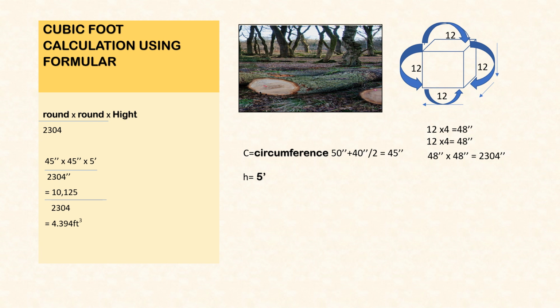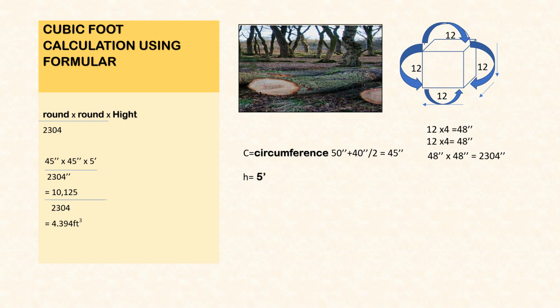That is what you call the circumference in mathematical terms. And the same on the back side of the log is 40 inch. Why it is lesser than the front circle is that it is the nature of the tree. So that is very obvious.